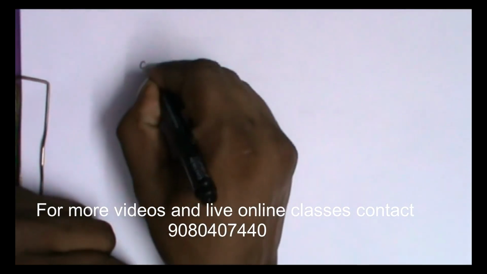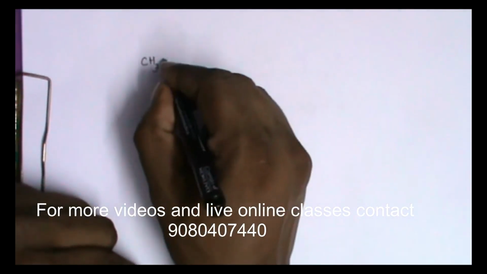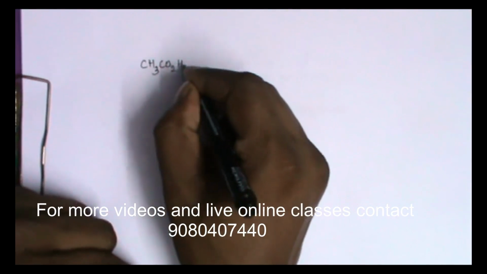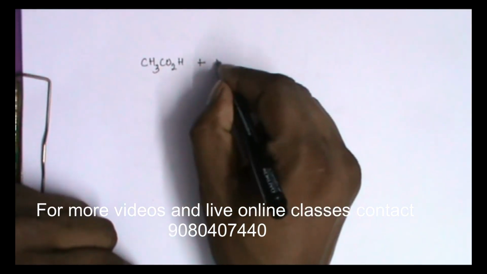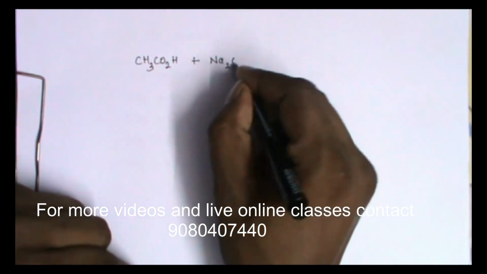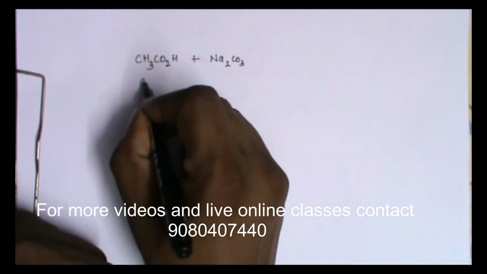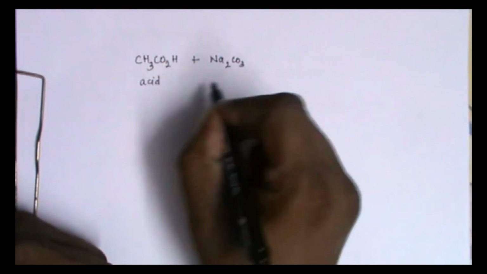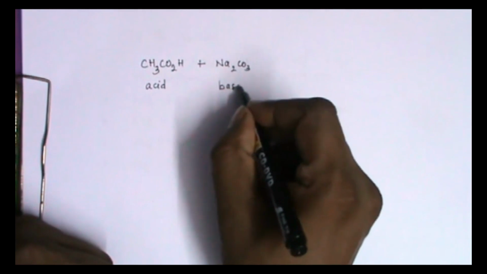Let us consider a reaction between acetic acid and sodium carbonate. Acetic acid is acid and this is base. In fact, this is a weak base, not a very strong base.